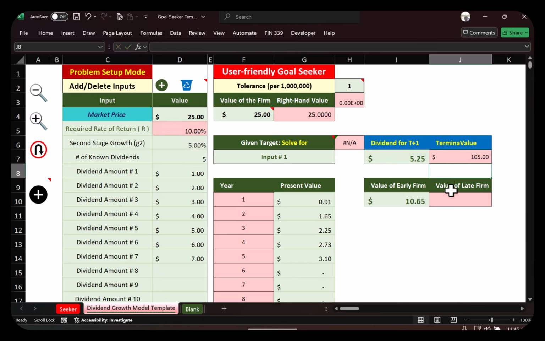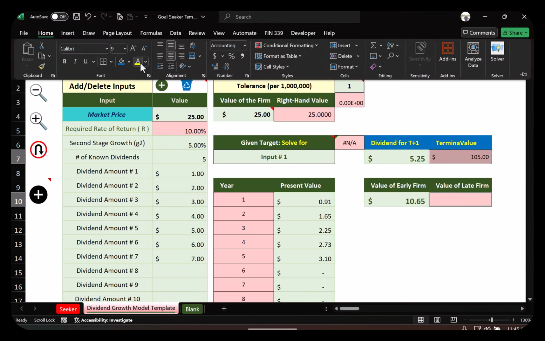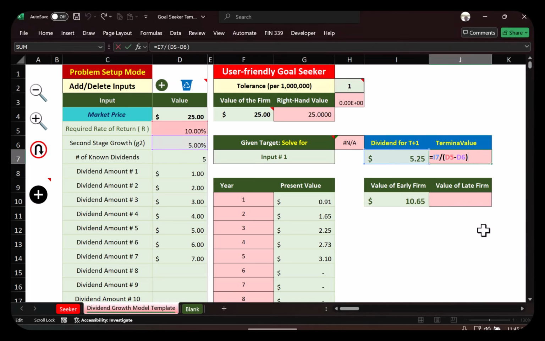In fact, I don't know why these things are not bold, because I have not made them bold. Bold, 1, 2. Okay. That makes it easier for you to see the formula. Other than that, it doesn't mean anything.